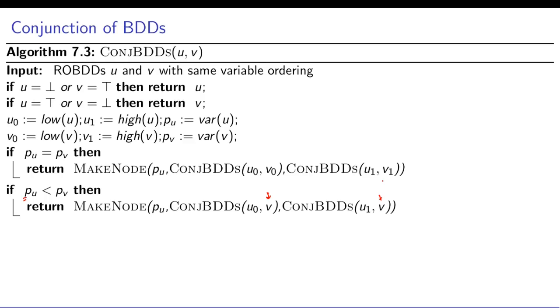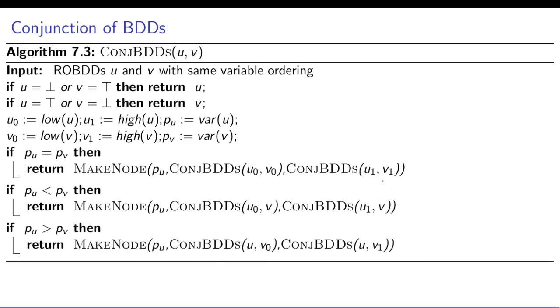This will allow us to respect the ordering of variables in ROBDDs. Symmetrically, if you have p_u greater than p_v, then we split on v, not on u, and then we recursively call the function.